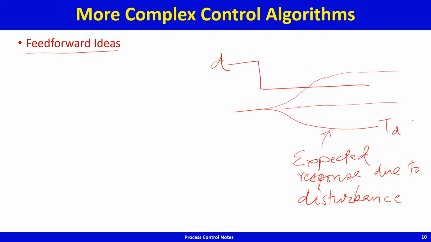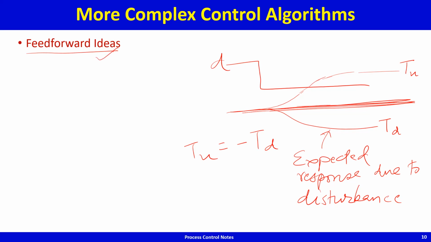If I can change my u such that Tu is equal to minus Td, then when I add these two up, the actual change in the process variable is 0. So the process variable stays undeviated from its set point. This is the idea behind feed forward.